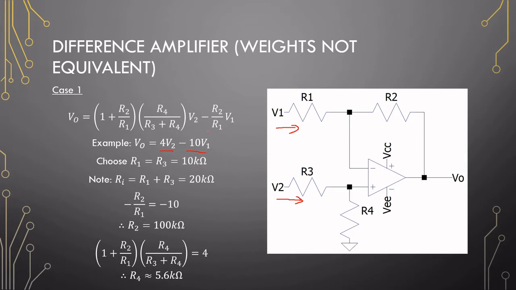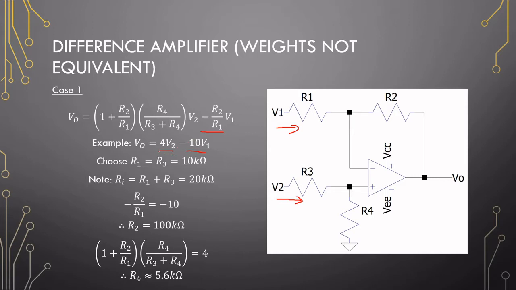So from this equation, the minus 10 can be equated to minus R2 over R1, and the 4 can be equated to this monstrosity up here. Note that the positive gain must always be smaller than the negative gain, or else your equations will never work out. So just note that this gain here must always be larger or equal, or else it won't work.